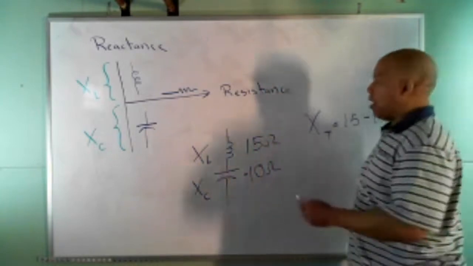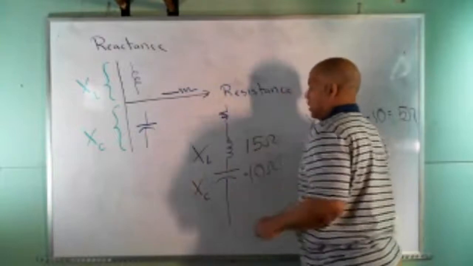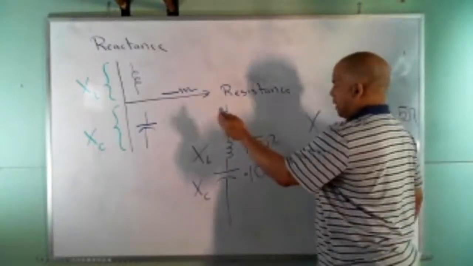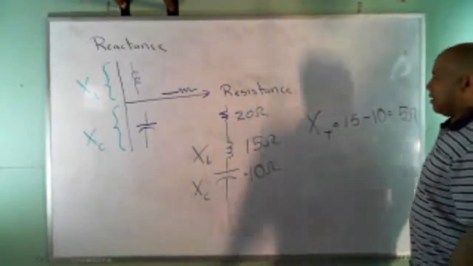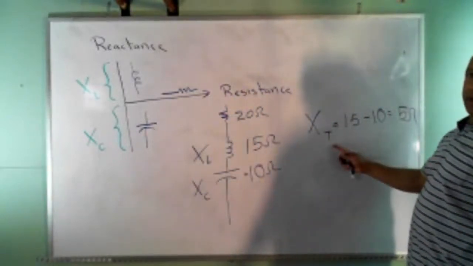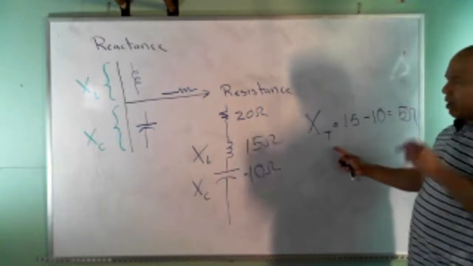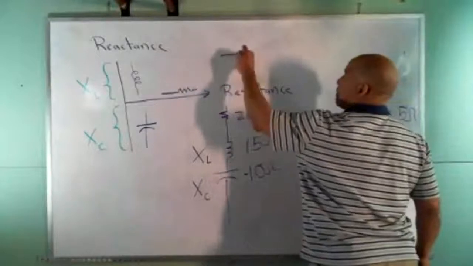Well, what if I stuck an R in there though? What if I stuck a resistor in there? How does that change it? Maybe this is, I don't know, let's make it 20. Well then, if I want to find my total, I still need to do this to find XT, my total reactive ohms, but then this circuit reduces to this.